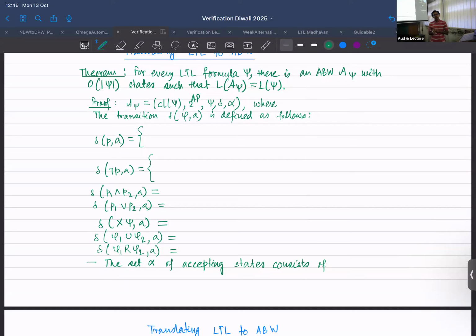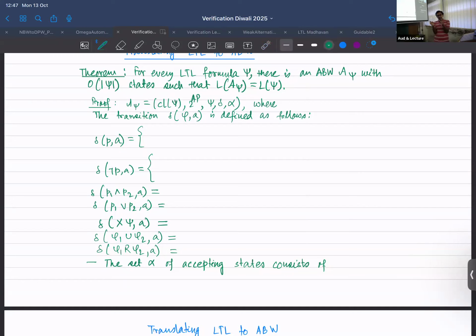Some subset of atomic propositions, right? Because we are talking about delta of P comma A. A is a letter, so A belongs to this set. So A is a subset of the set of atomic propositions. Now P is an atomic proposition, A is a subset of atomic propositions. So what do you think delta of P comma A will be?